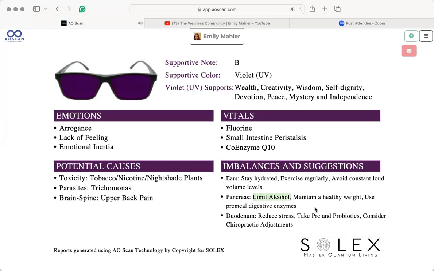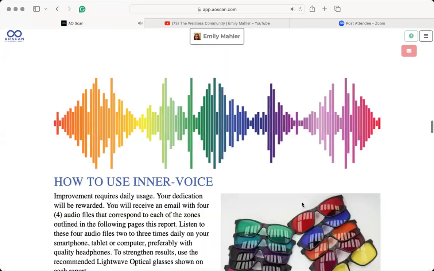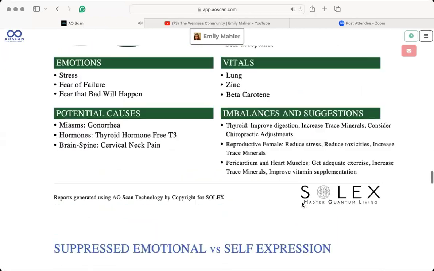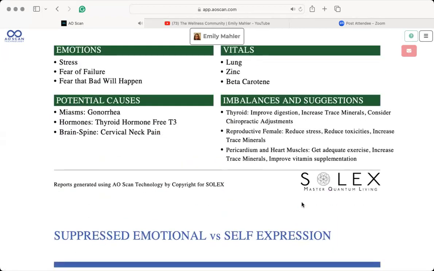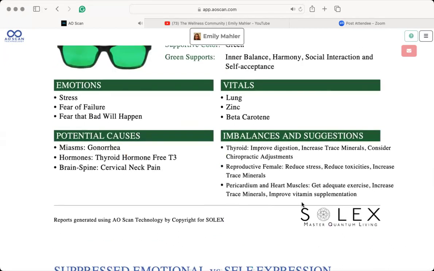Alcohol can come up because the body is needing support in processing things, because if things are sluggish in the digestive system, it can create alcohol internally. So again, with that, just supporting my digestive system. I know this is just kind of an overview, but I hope it gives you a little bit of insight into how to read and lightly understand this report.